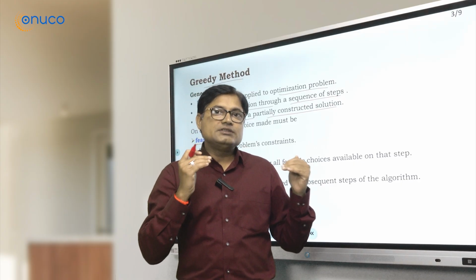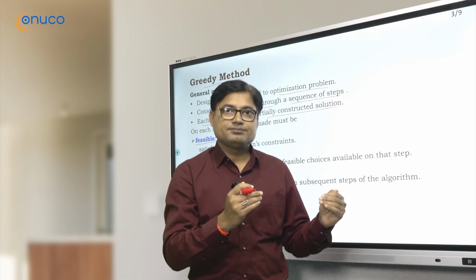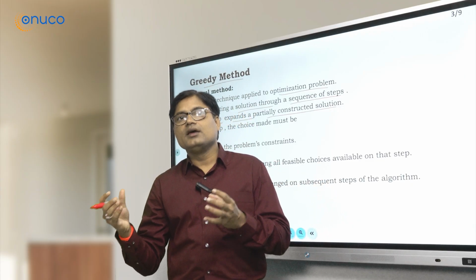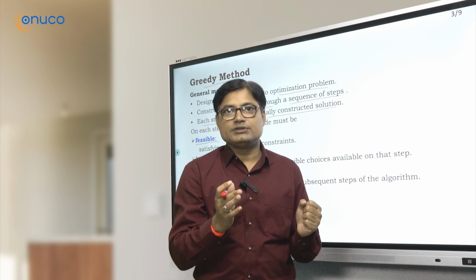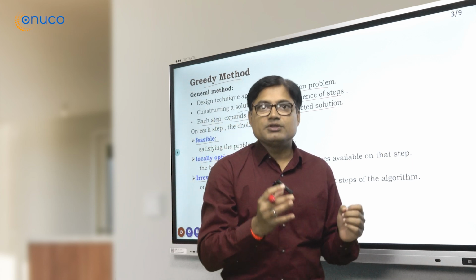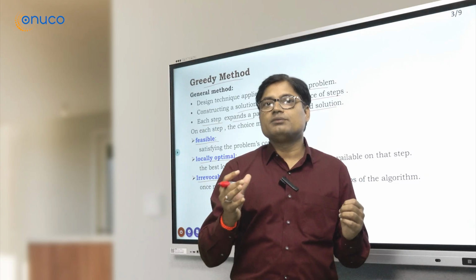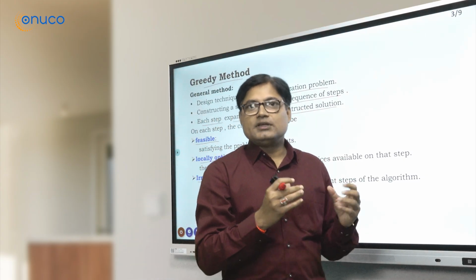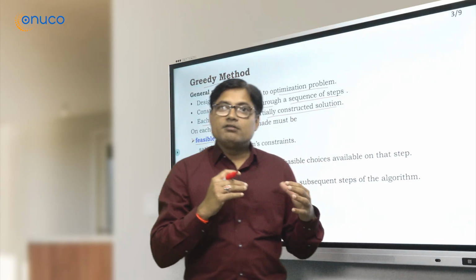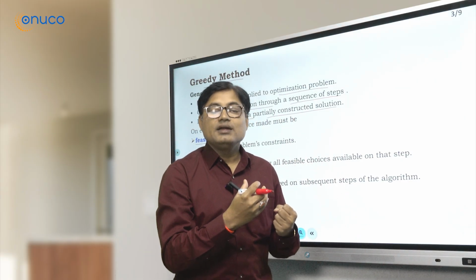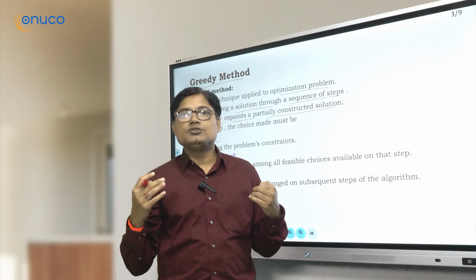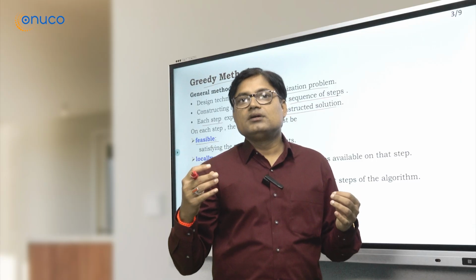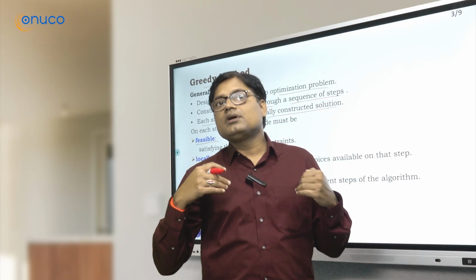Now, what is the optimal solution? If we are talking about a distance matrix, where you are calculating distance, then minimum distance is the optimal solution. Minimum time is the optimal solution, right? The time taken to perform the task should be minimum. Minimum distance to cover is the optimal solution. But when we are looking for profit, then each and every person will have the tendency to make maximum profit. So in the case of profit, we are looking for the maximum.